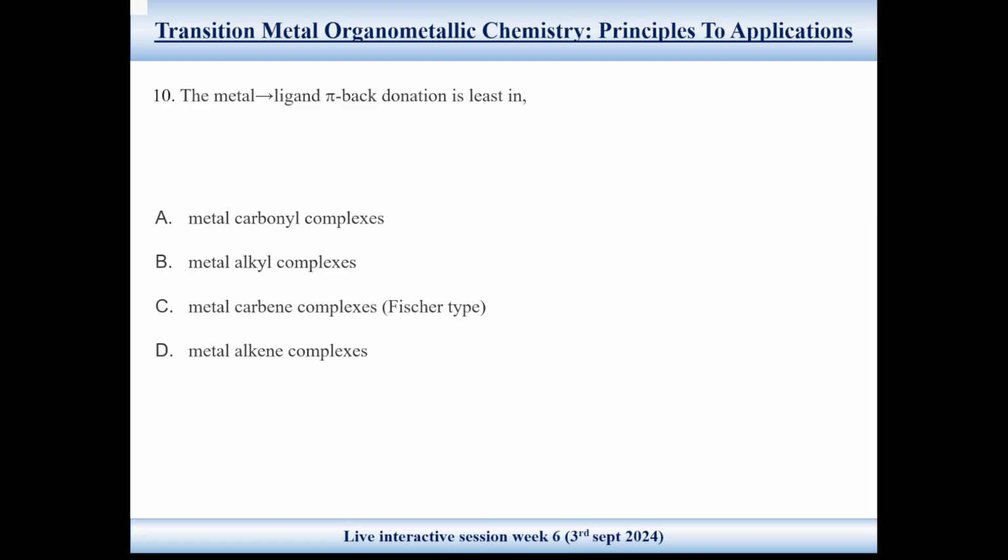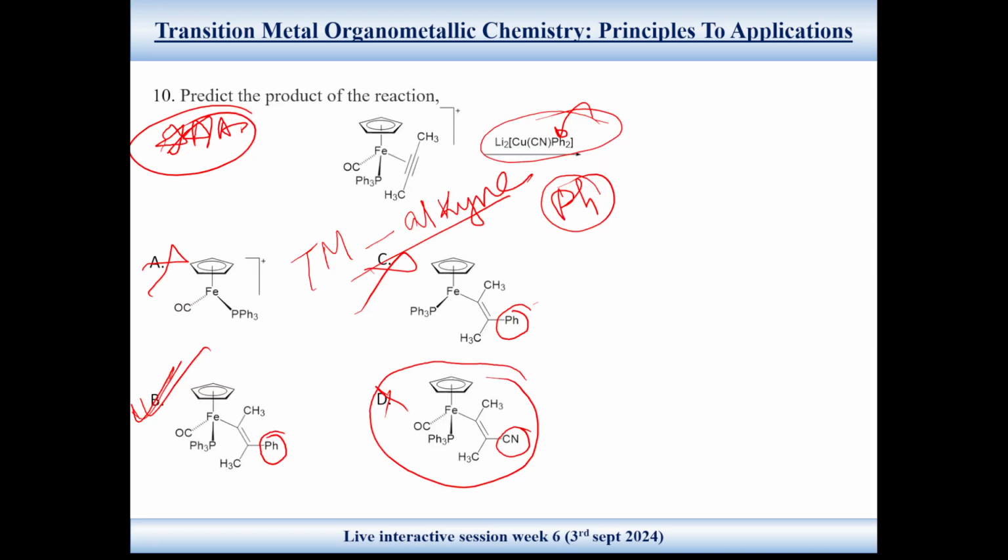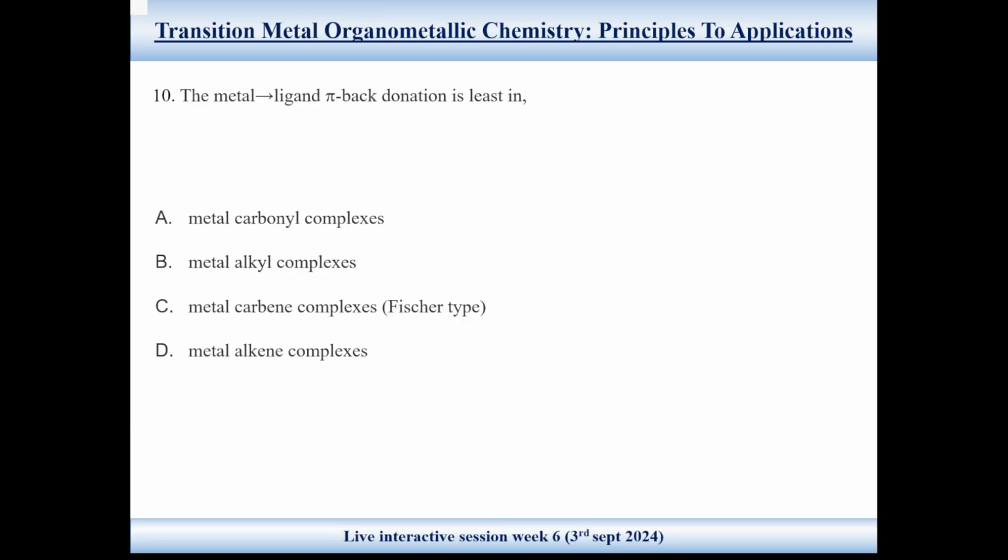The metal to ligand pi back donation is least in which one? It says Option B. Option B. Why?